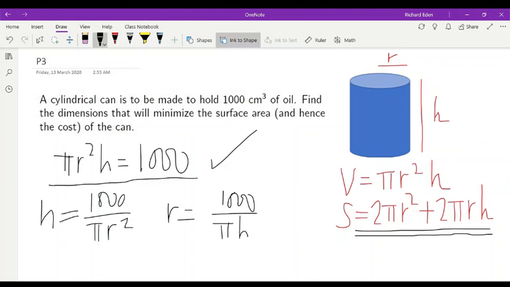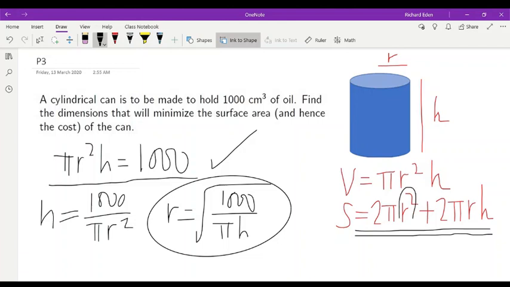No need to worry about negative square roots because r is clearly a positive quantity. But if you're going to use this second formula, you're going to have to put that here on r squared and also here. The problem is that then you're going to have to deal with a radical expression there.